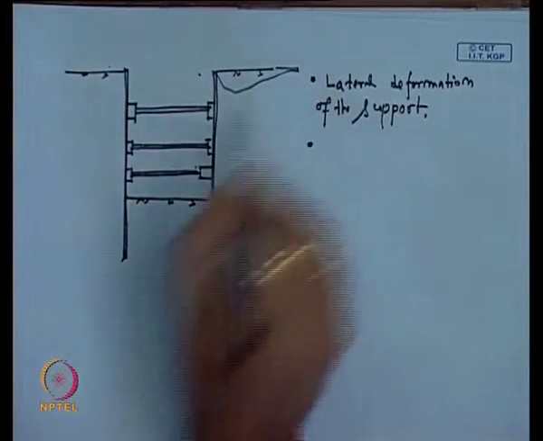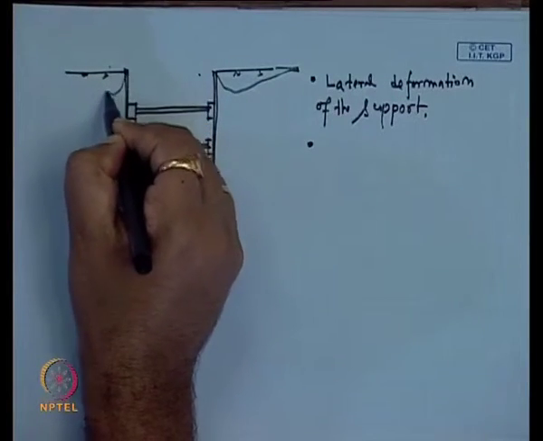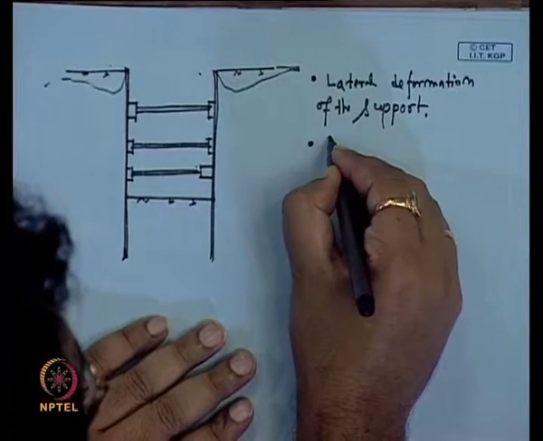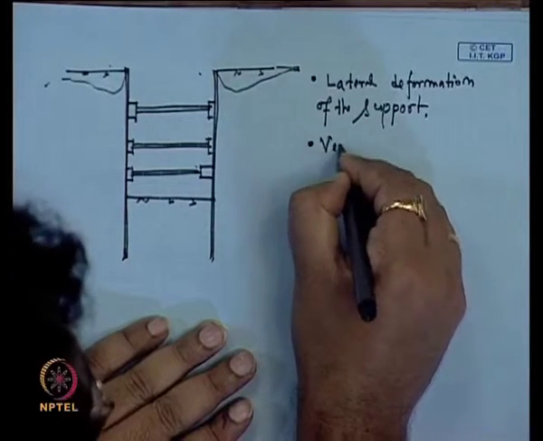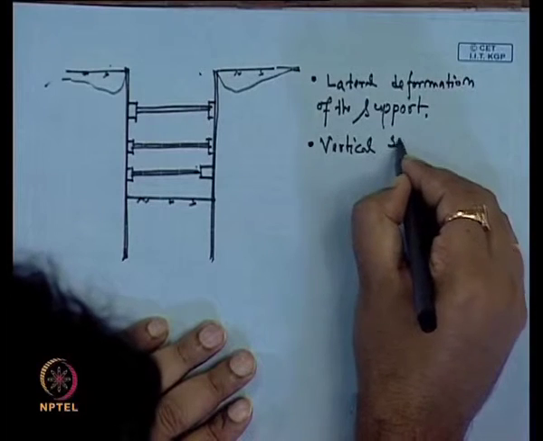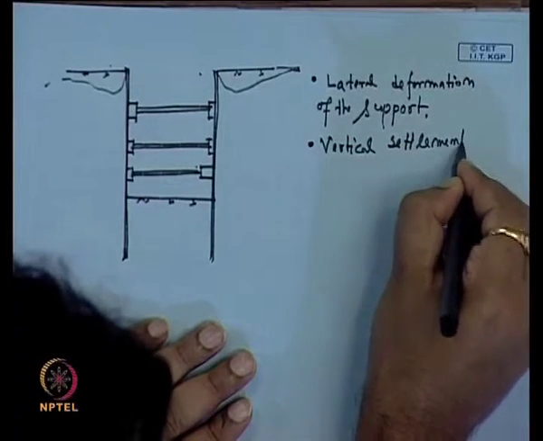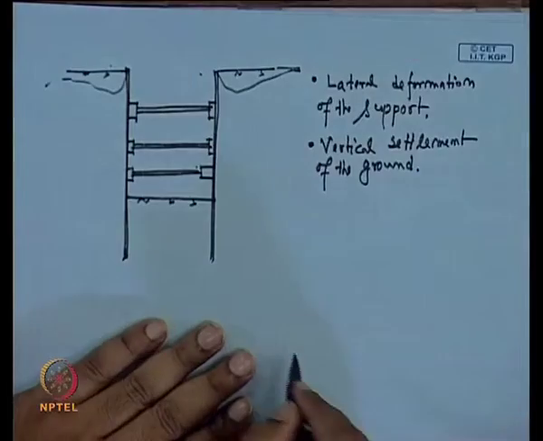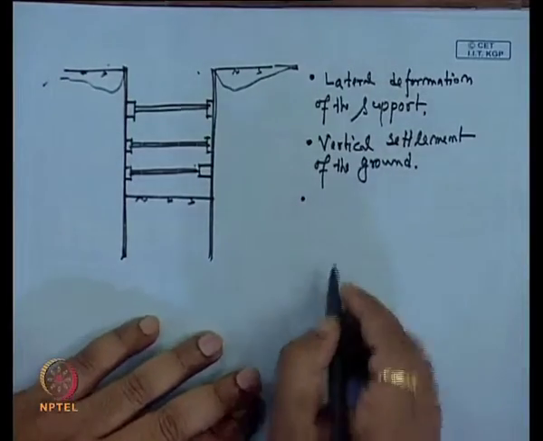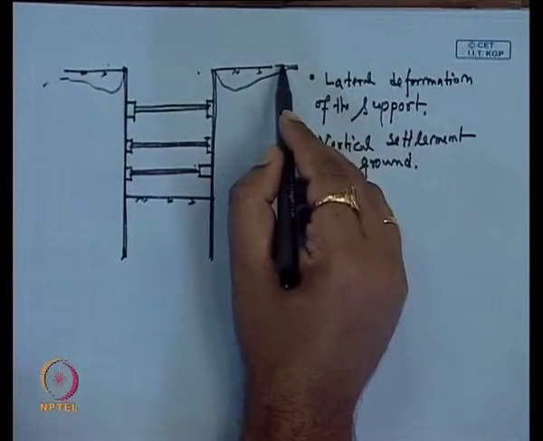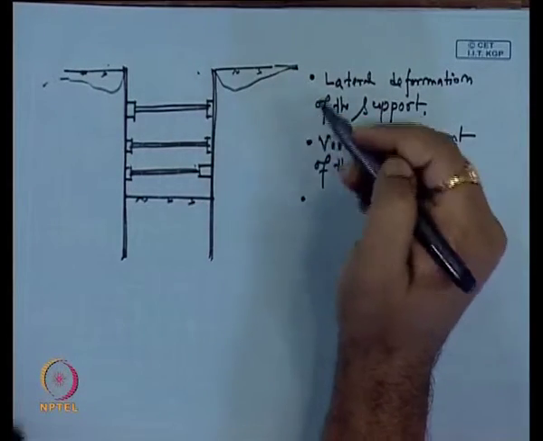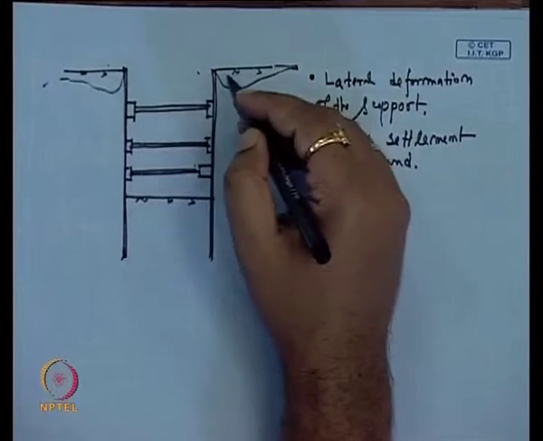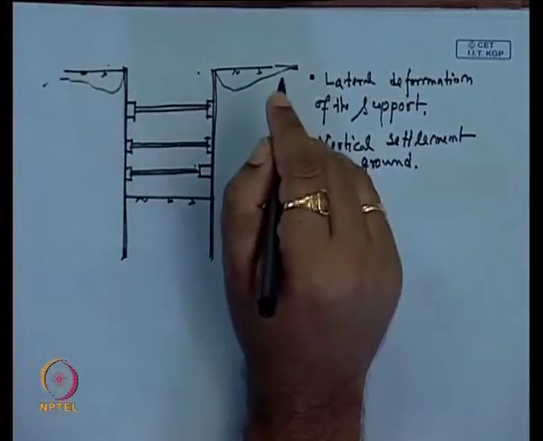So, there is vertical deformation of the ground, or vertical settlement of the ground, and that is also important, because if there is any existing structure, we have to design this system such that there is no influence of this excavation on that existing structure, so there should not be any deformation.